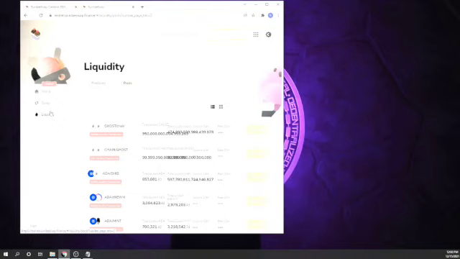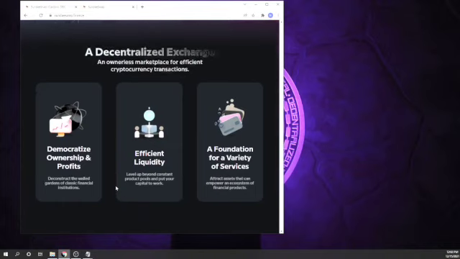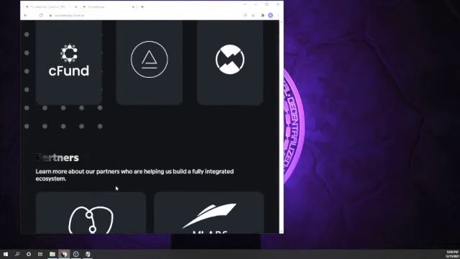So the taste test is a way for the community and not the SundaeSwap team to create the price of the Sundae token. How that works is by depositing ADA during the taste test. And when that taste test ends, you'll receive ADA to Sundae LP tokens.